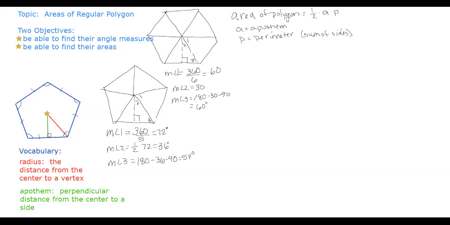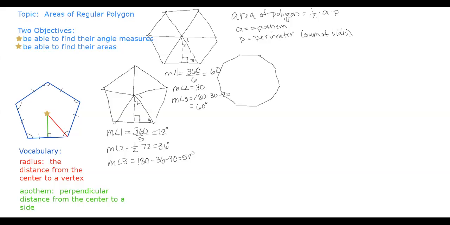So let's say I have a decagon. A decagon, D-E-C-A, is a prefix that means 10. So here's my decagon. Let's draw in my decagon. And again, this is just a sketch because I am doing my best to just get the information on the board, so it won't be beautiful or perfect.